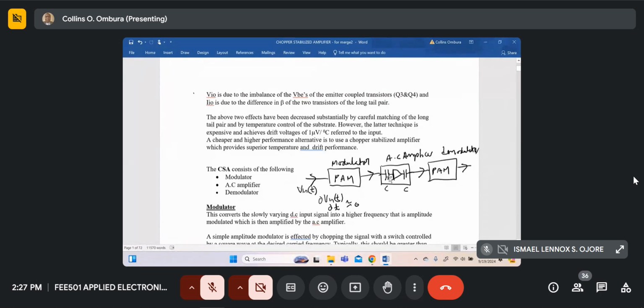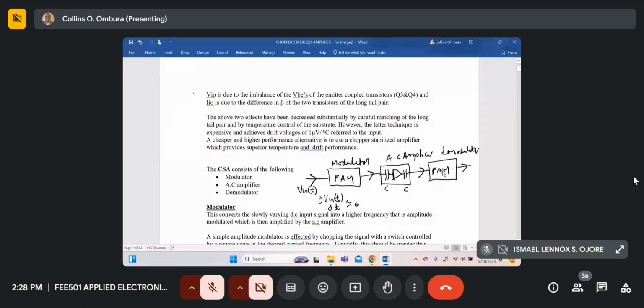Okay, so the capacitors will prevent any DC, maybe due to offsets of your modulator, passing into the input of this AC amplifier. And this capacitor at the output of our system will also prevent any offset variations inside our low noise amplifier over here passing through to the output.